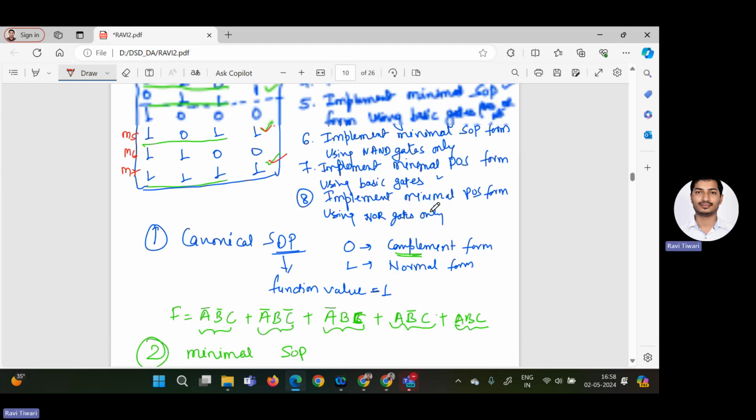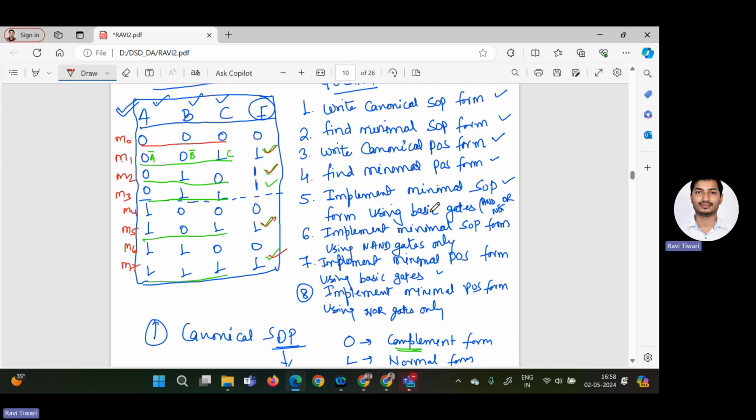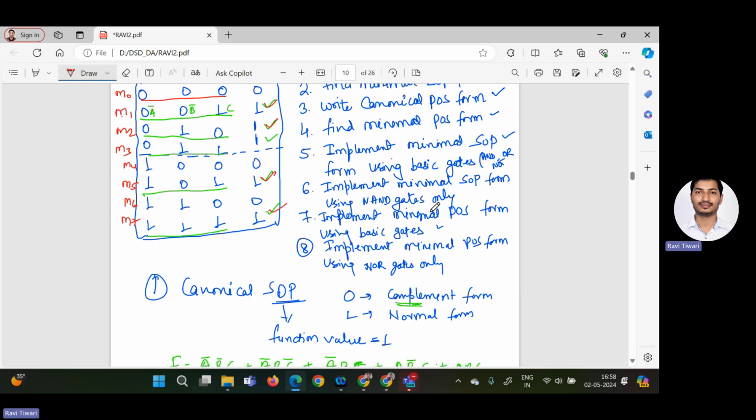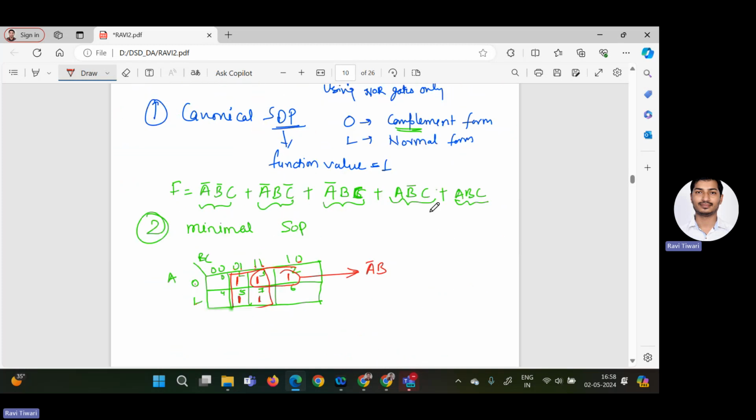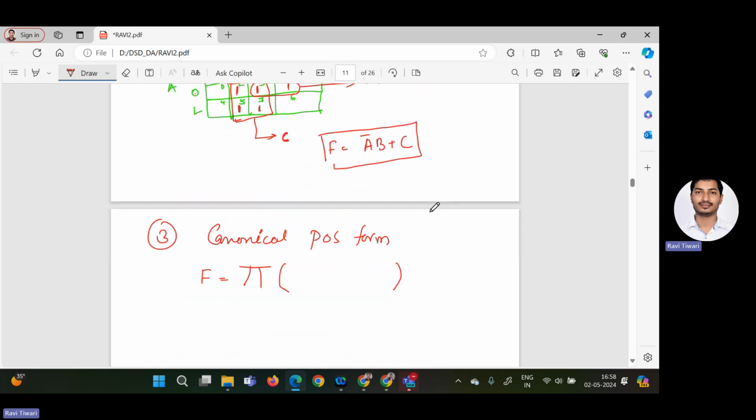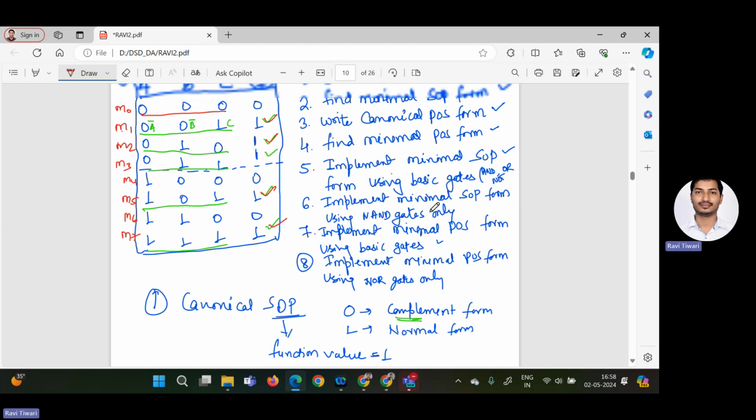Now we have to see the third part, that is the canonical POS form. Canonical POS form is written by F and it's denoted by pi. Pi denotes product of sum. And we will write down the terms that are having the function value 0.